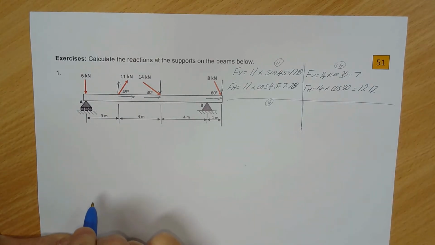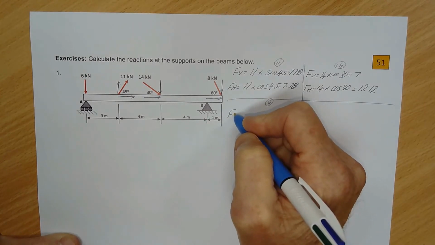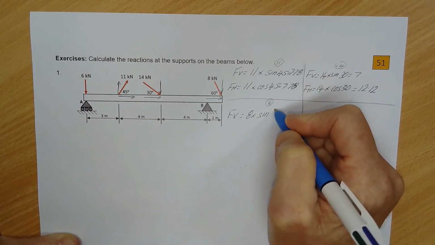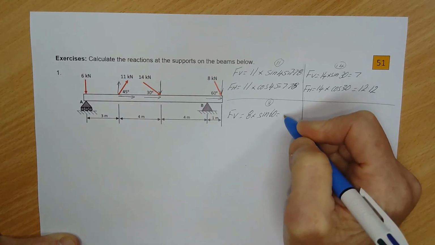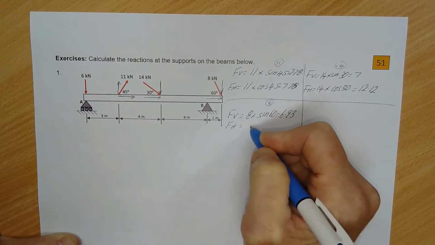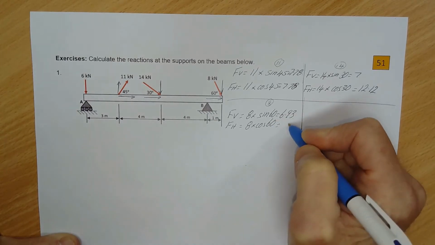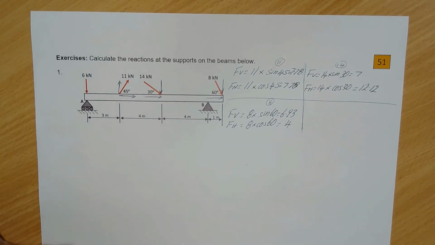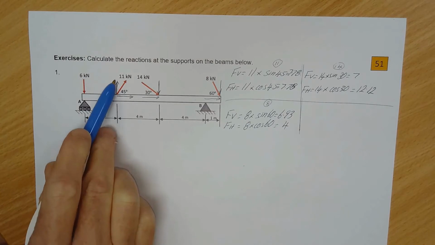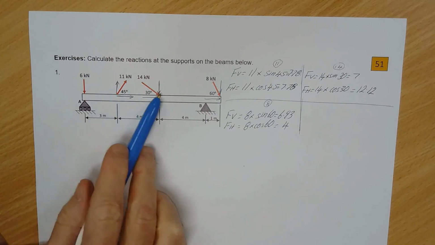And finally our 8 kilonewton angled force: vertical, 8 times sine 60 is equal to 6.93, and horizontal component is 8 times cos 60, giving us a value of 4 kilonewtons. So there we have our horizontal and vertical components clearly identified. We can see by the vectors that I've put on which direction they go: up, down, down, and to the right.